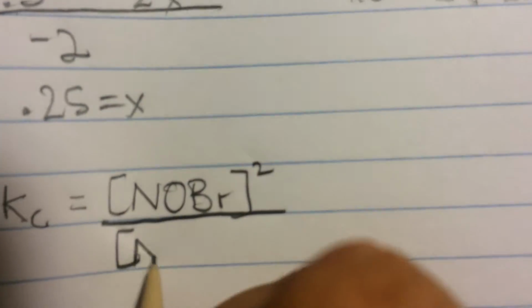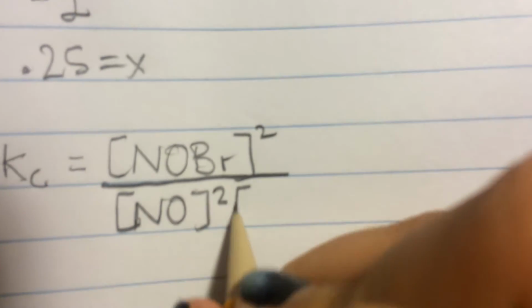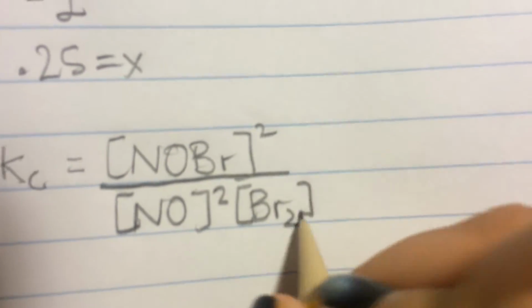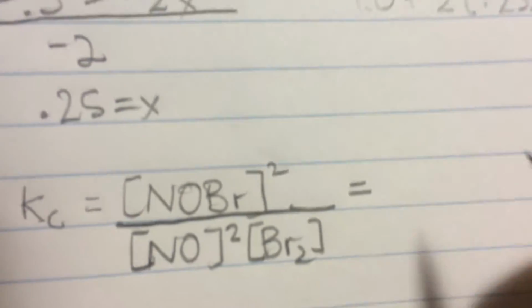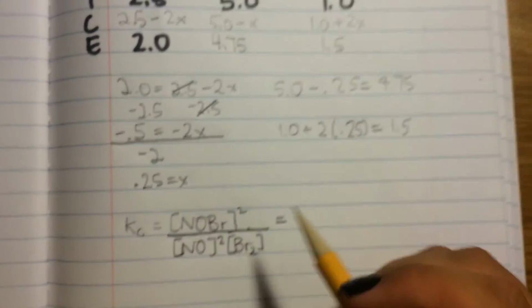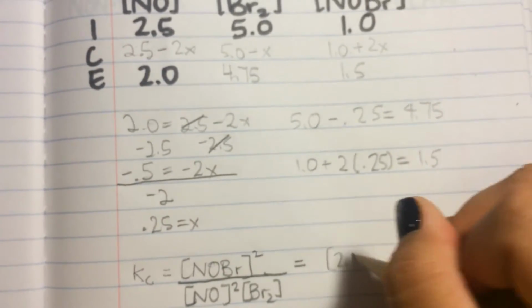So we have the nitrogen oxide that has a coefficient of 2, so we're going to put it to the power of 2 times our bromine gas. And then we already know the concentrations at equilibrium, so we can plug in the corresponding values.